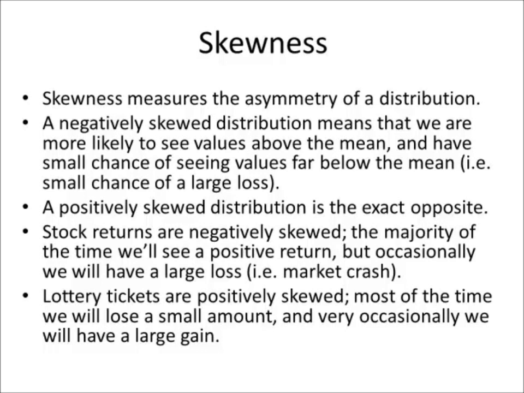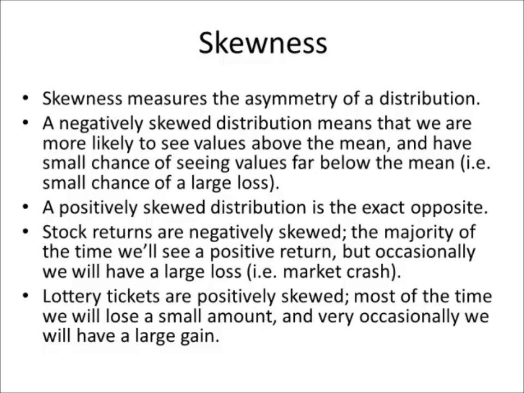For example, it's quite possible that the stock market can fall by 4 or 5% in a day if it's a very bad day. But you'll never see it rise 4 or 5% in one day. So you can see in that sense it's a skewed distribution. You're much more likely to fall by 5% than you are to rise by 5%. That's effectively asymmetry, and that means it's negatively skewed. We have a small chance of a large loss.